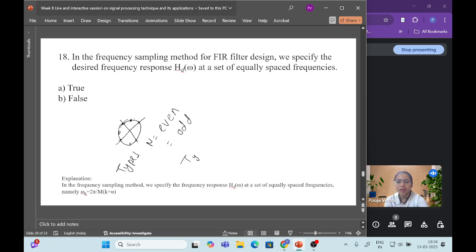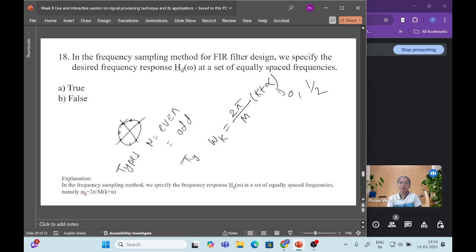Okay. So in the frequency sampling method, we specify the frequency response HD of omega at a set of equally spaced frequencies, namely omega k is equal to 2 pi by M times k plus alpha, where k varies and alpha can be 0 or 1 by 2.